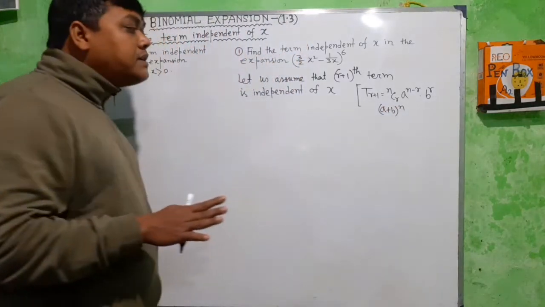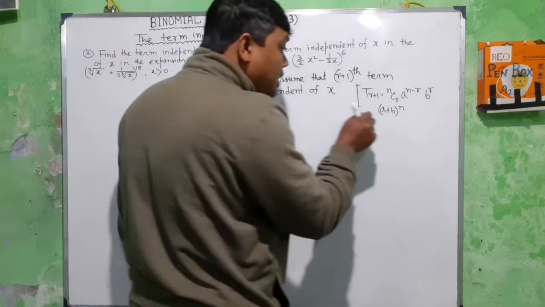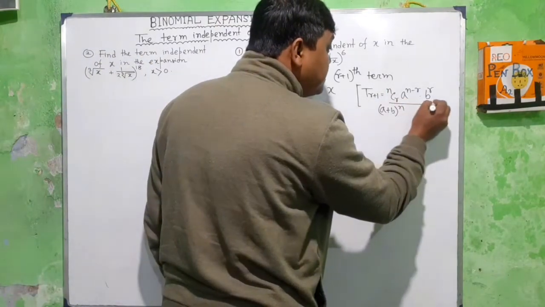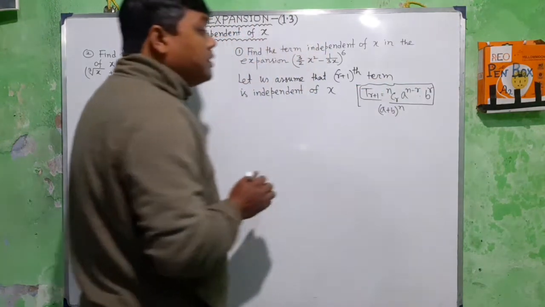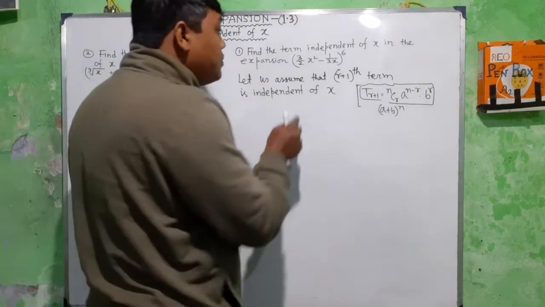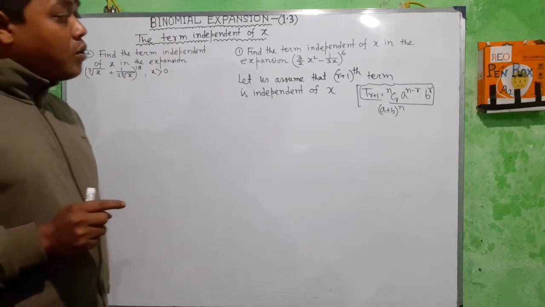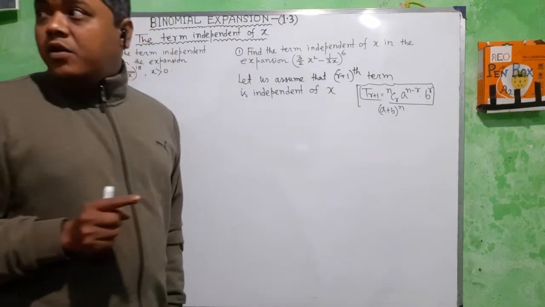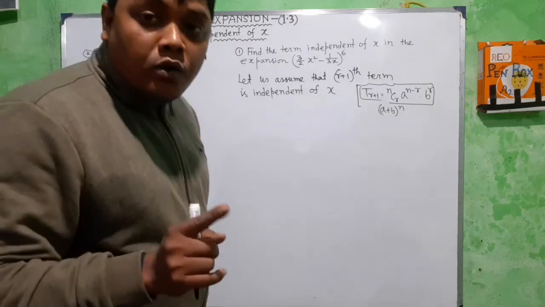In the expansion of (a + b)^n, the (r+1)th term is nCr a^(n−r) b^r. Here the expansion given to you is (3/(2x²) − 1/(3x)) to the power 6, so n = 6. I have to determine the value of r.